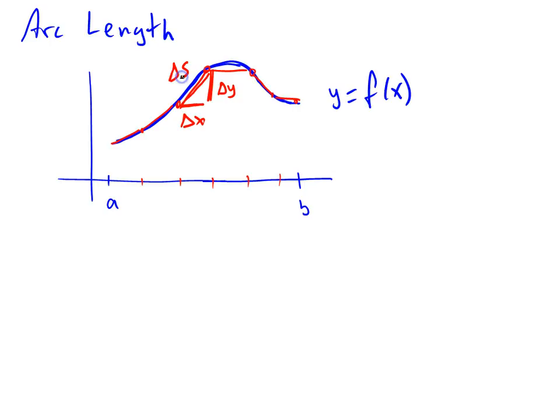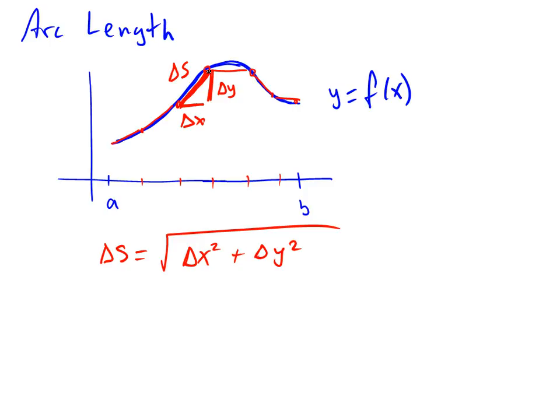I'm going to call this delta s over there. Then I know that delta s, a little change in arc length, is going to be the square root of delta x squared plus delta y squared. Tell me how much the x changes, tell me how much the y changes, and I can tell you at least the straight line distance between those 2 points.